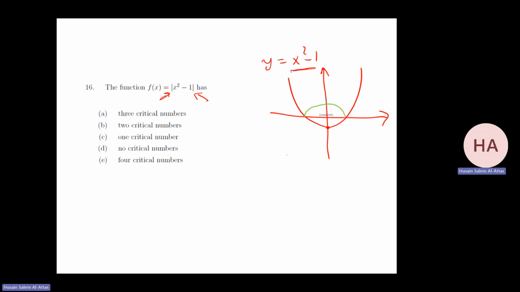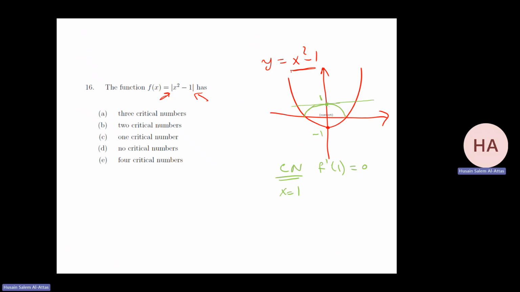So, what are the critical numbers from the graph? For sure, I have a critical number here, since I have a relative minimum. f prime is equal to 0 here. This value is minus 1, so this is 1. So f prime at 1 equals 0. f prime at 1 is equal to 0, so x equals 1 is a critical number.